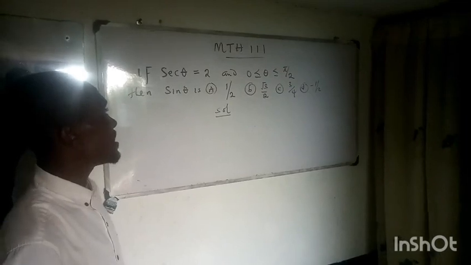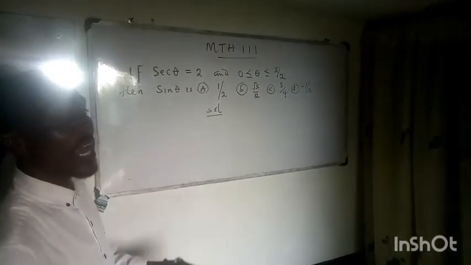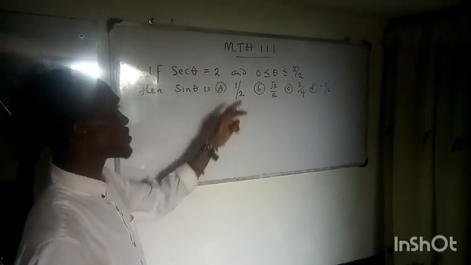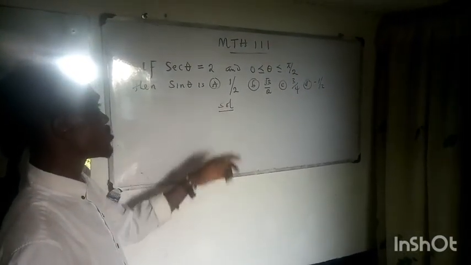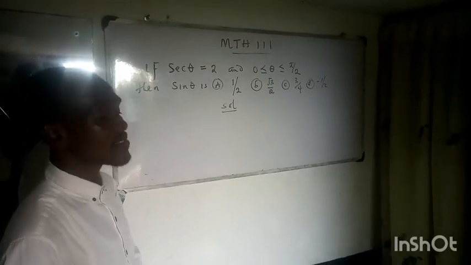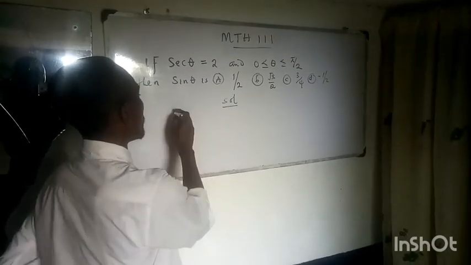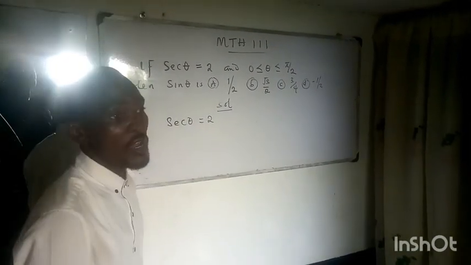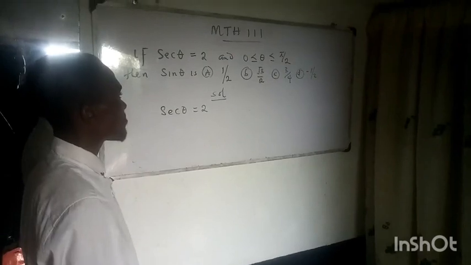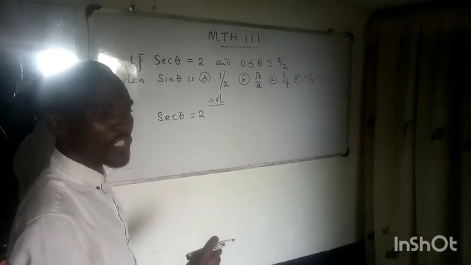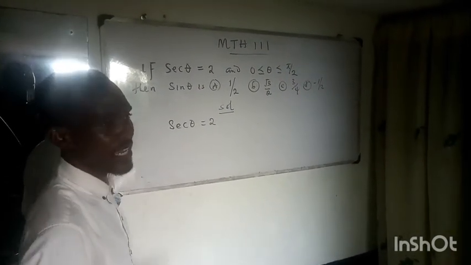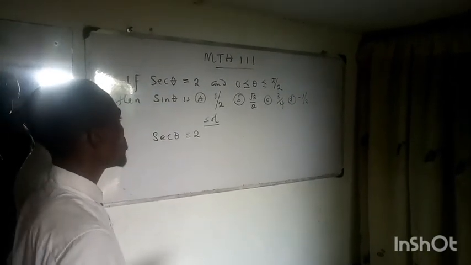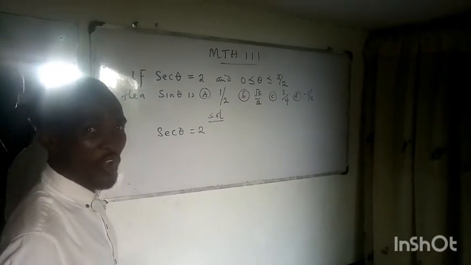Now the idea is to see how to get to know what the value of theta is from this particular expression, so that we can now make a substitution and obtain sine theta. Now this is sec theta equal to 2. There is no direct relationship between sec and sine. It is much easier to see a relationship between sine and cos theta.